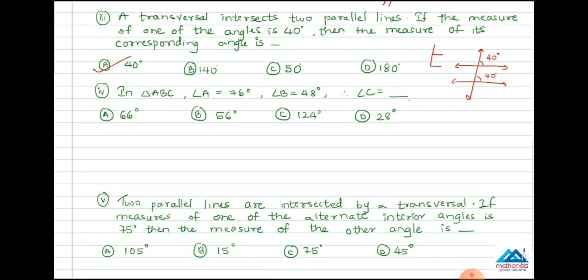Now the fourth one. In triangle ABC, we have one triangle with vertices A, B and C. Angle A is 76 degrees, angle B is 48 degrees, and we want to find angle C. Here we will use the theorem that the sum of the angles of a triangle is 180. That means we add up all three angles to equal 180.